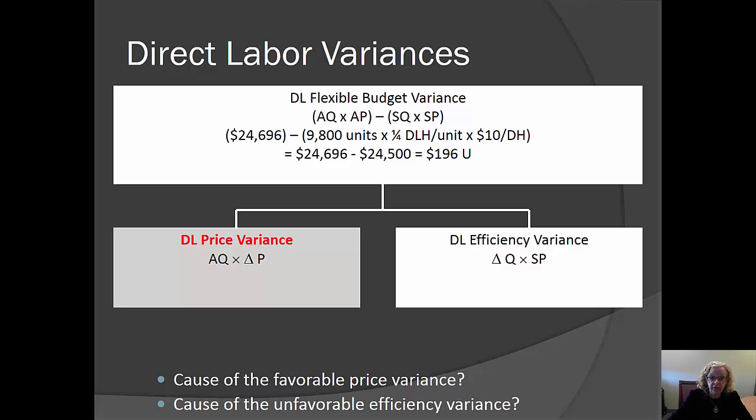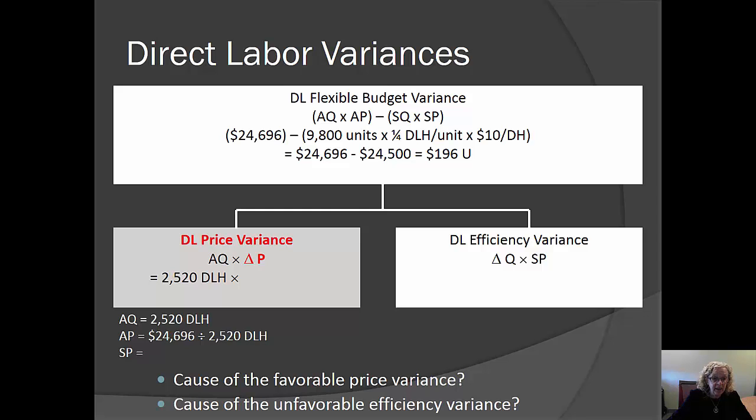Let's see if we have the information to solve this. We were told the actual number of labor hours that we used, but we need to figure out the actual price that we paid. We have enough information to do that. We know how much we paid in total.